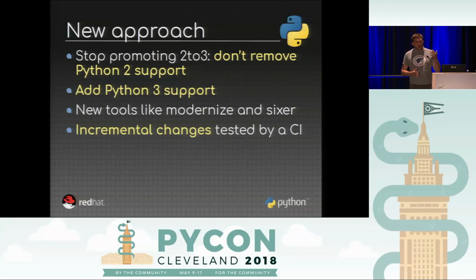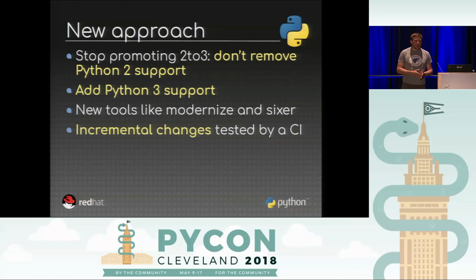And the story behind Sixer, this is my own tool, is that I wanted to port OpenStack to Python 3, but to port 3 million lines of code at once, you get different issues, because in OpenStack, the code was moving very quickly, and if you use something like Modernize to port a single project to Python 3, you get a giant patch, and quickly the patch will be in conflict. So you have to rebase or regenerate the patch.